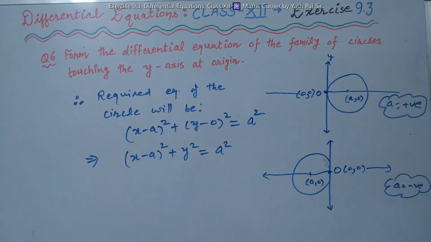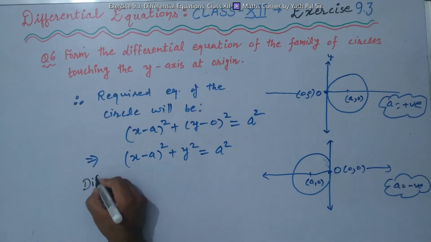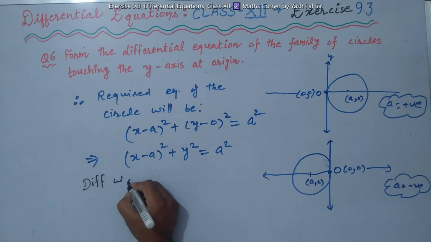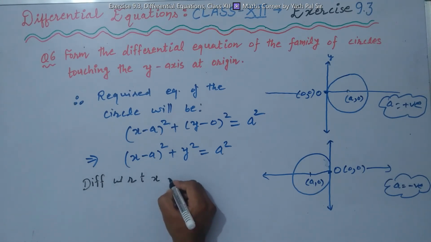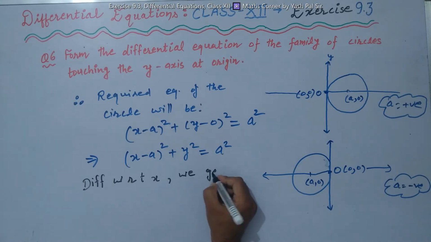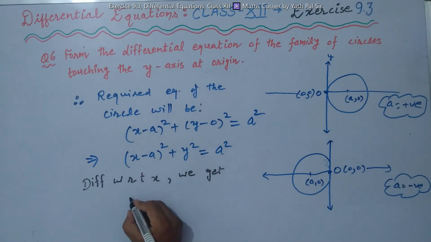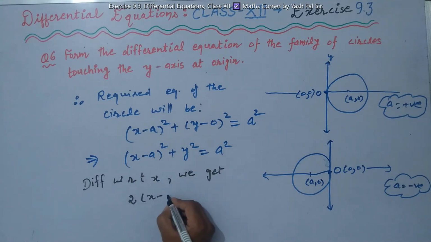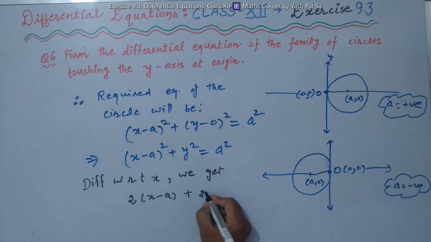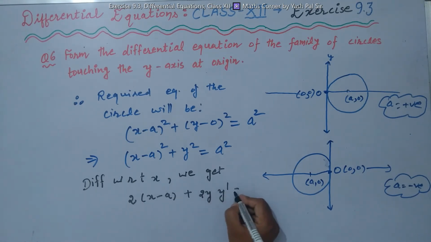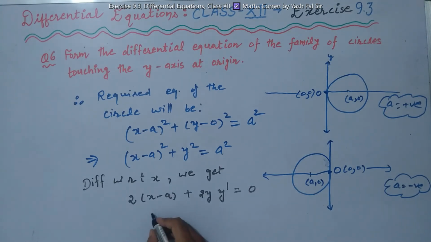For this purpose, we differentiate with respect to x. Differentiating with respect to x, we get, left side becomes 2 into x minus a plus 2y into y dash, right side becomes 0. Moreover, we can say here x minus a plus y into y dash is equal to 0.